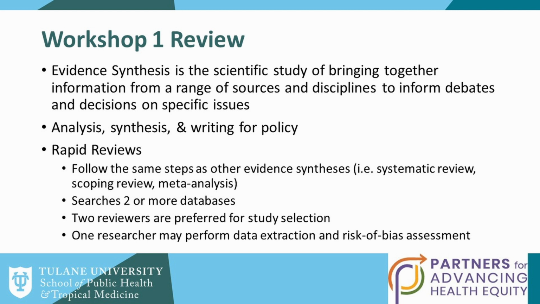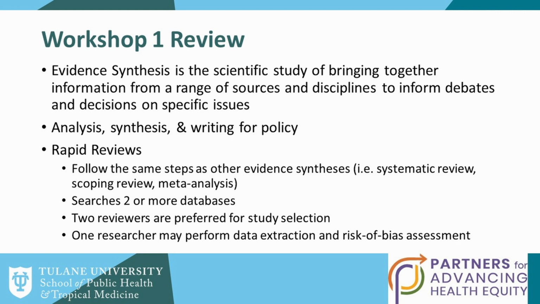But this is just a quick review of what we talked about in workshop 1. So we just talked about evidence synthesis generally, and about how that ties into writing for policy. So if you were not at that workshop, we recommend reading the slides, watching the recording. But for the purposes of this workshop series, we'll be concentrating on rapid reviews, which follows the same steps as other evidence syntheses.